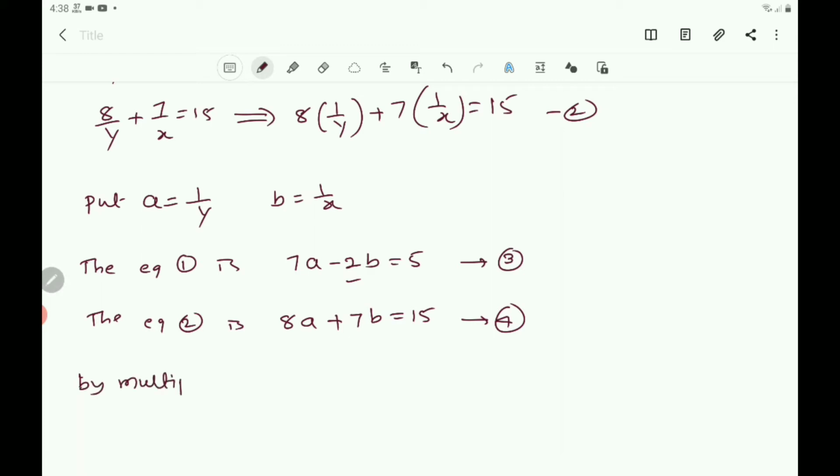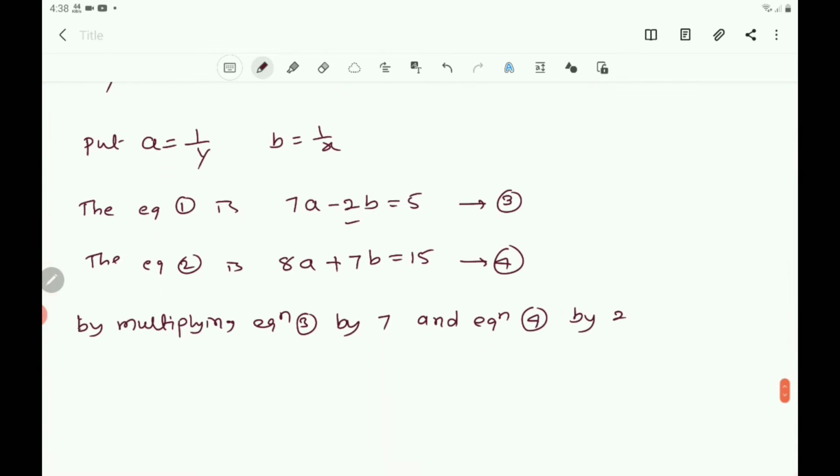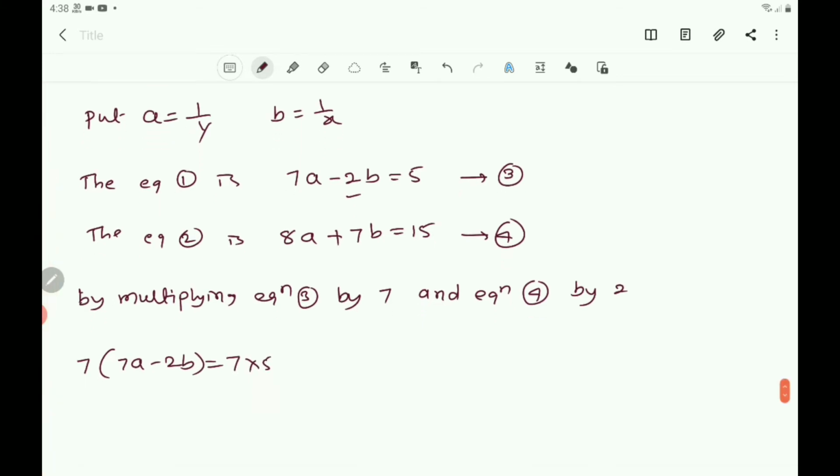Multiplying equation 3 by 7 and equation 4 by 2, it becomes: 7 into (7a minus 2b) equals 7 into 5, and 2 into (8a plus 7b) equals 2 into 15.